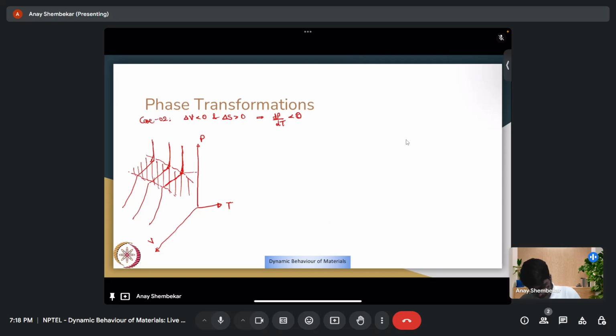and here you have decreasing temperature T1, T2, T3, P1, P2, P3. Here you have T1 less than T2 less than T3, resulting in P1 greater than P2 greater than P3.